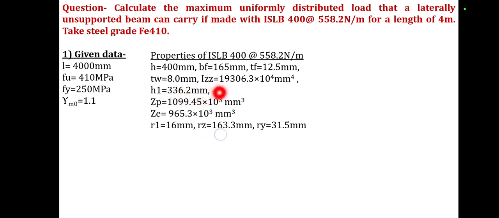H1 we are calculating by subtracting from the total H the thickness of the flanges and the R1 distances. Then ZP, which is equal to 1099.45, and ZE 965.3. Then R1 is 60, RX is 160.3 mm, RY is 31.5 mm.